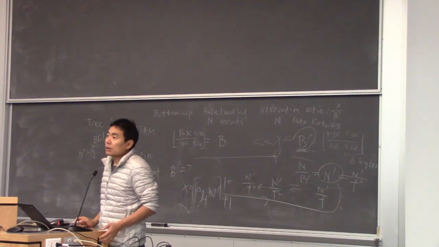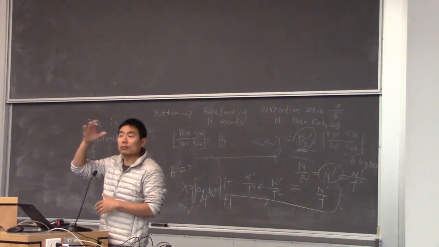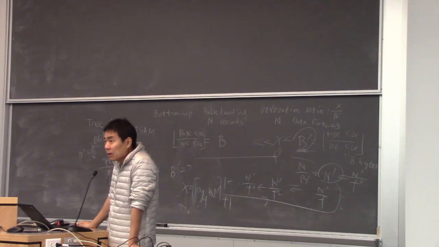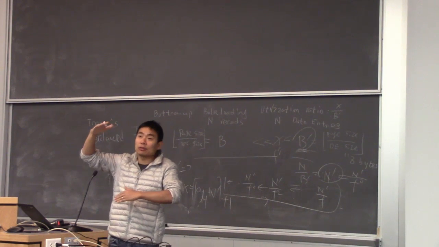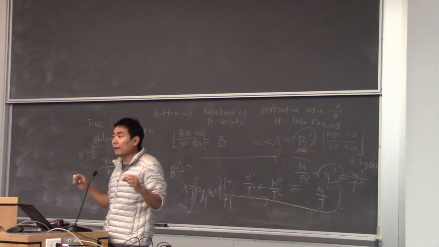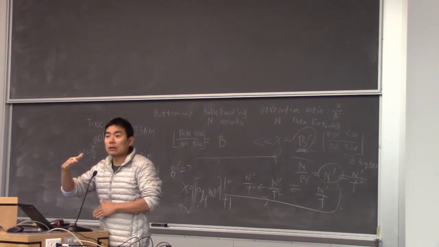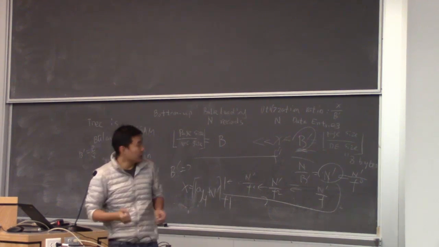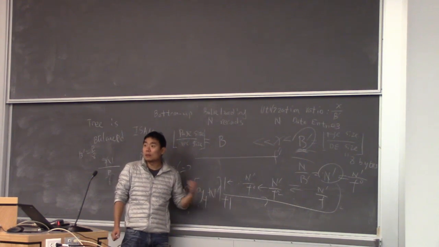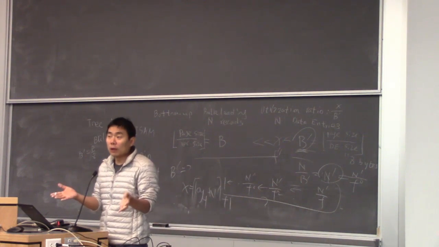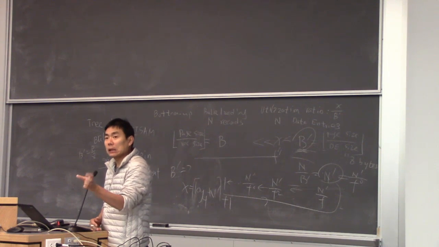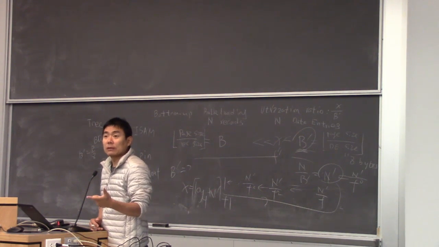In the literature, when people talk about the height of a B plus tree, it's not a consistent definition, in the sense that some people refer to the height of the tree without counting the leaf level, while others do count. Depending on which convention you are using, you either add 1 to this formula or you don't. In your homework, when I ask for the height of the tree, I give that freedom to you. You have to be clear in what you mean by height of the tree.